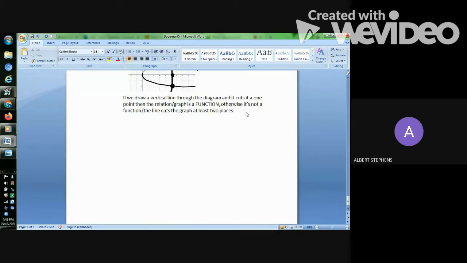Let's look at this question. Determine which sets of ordered pairs is a function or not.